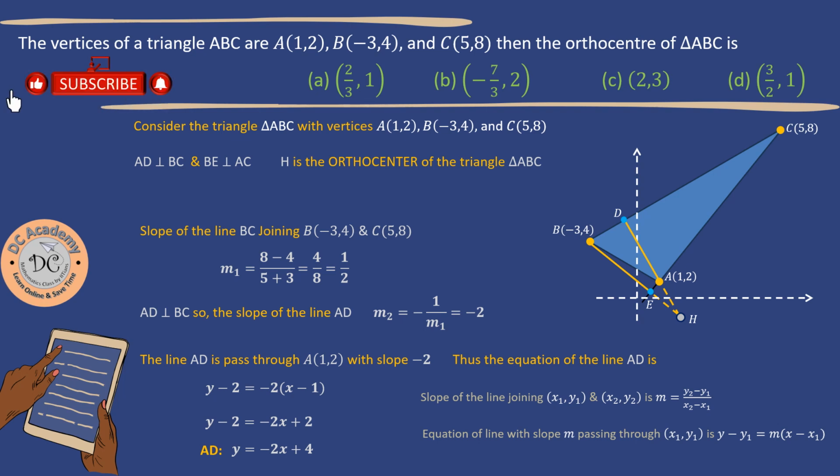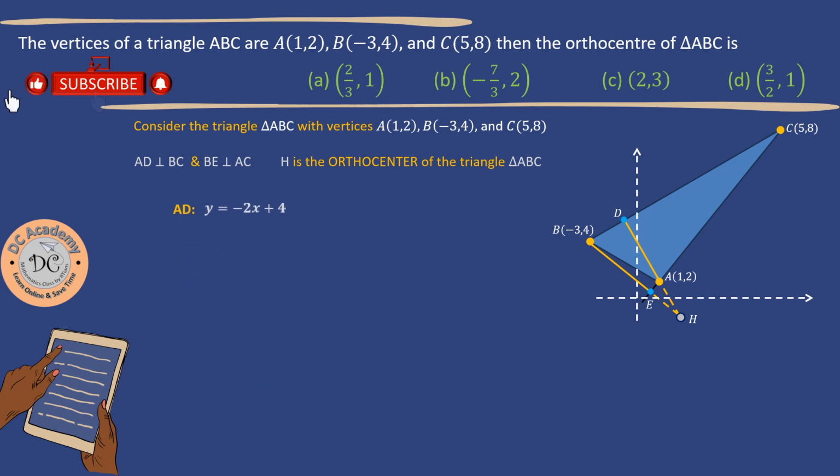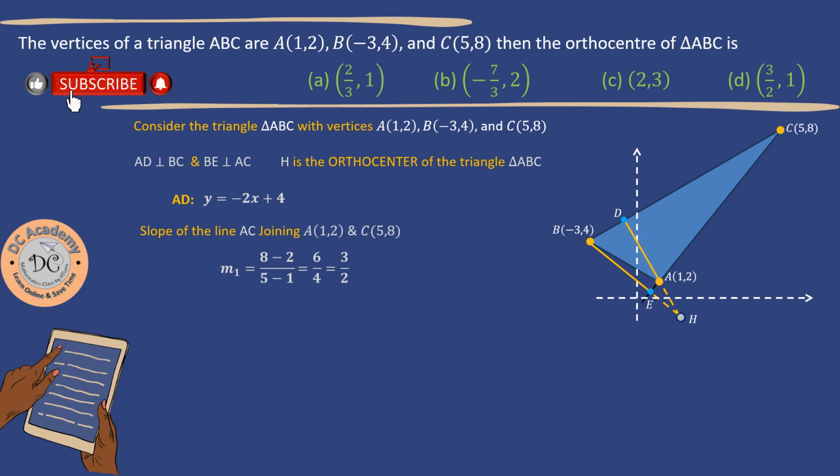Now the next job is to find the equation of BE. Using the same procedure as we did for AD, first we find the slope of the line AC joining the points A and C, which is given directly as (8 - 2)/(5 - 1), the ratio of which is 3/2. That's very obvious.